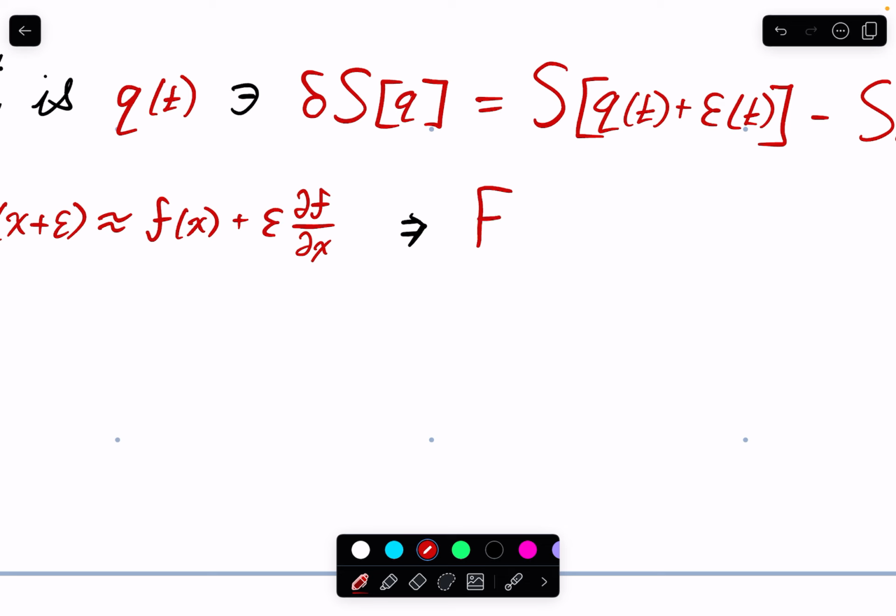You have the functional F of f plus some perturbation, epsilon of x.